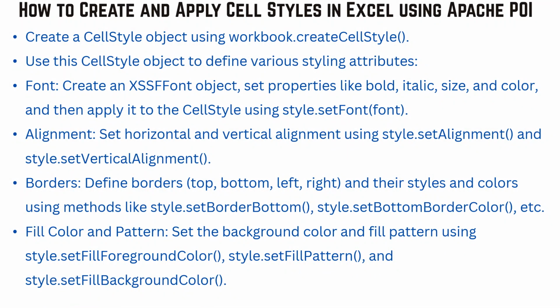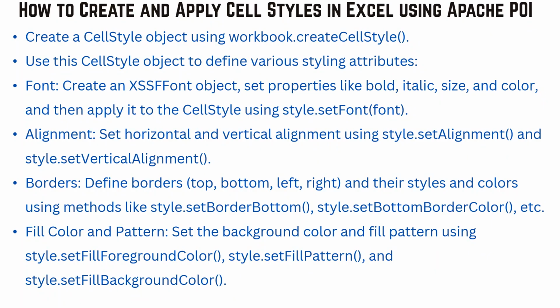We can do the alignment. We can set horizontal and vertical alignment using the style.setAlignment and style.setVerticalAlignment methods. We can define the borders, top, bottom, left, right, and their styles and color using methods like style.setBorderBottom, style.setBottomBorderColor, or top or left or right, like that.